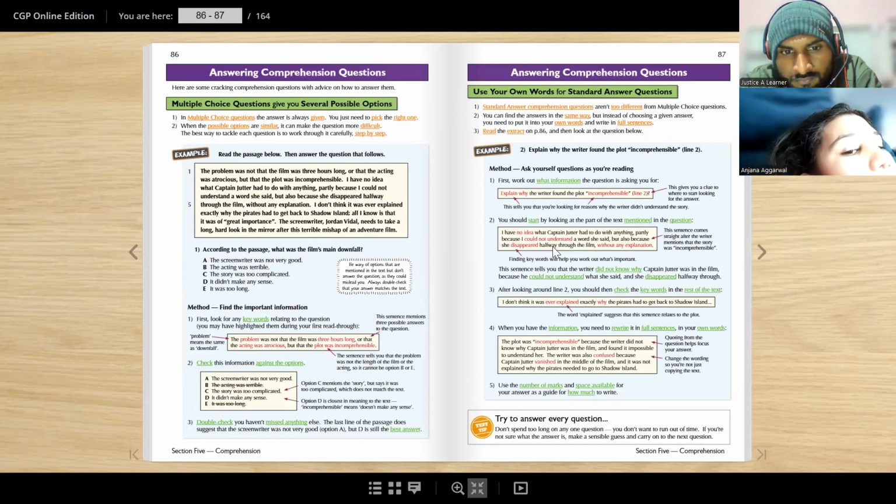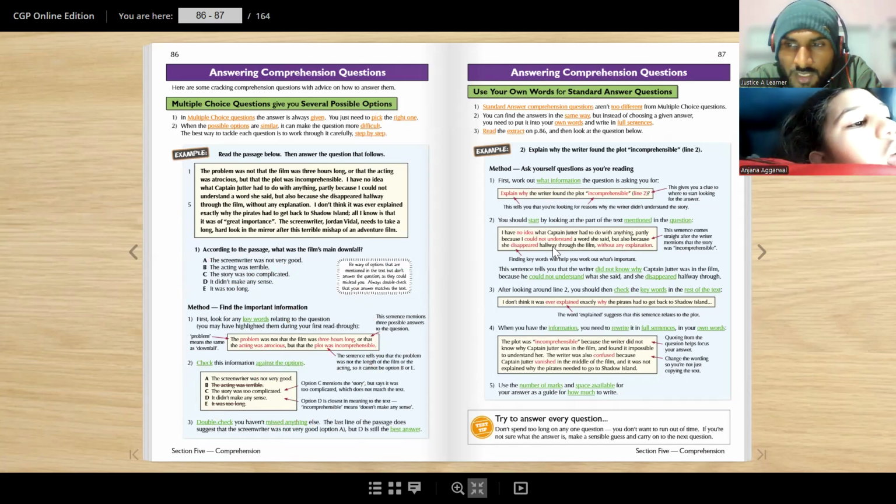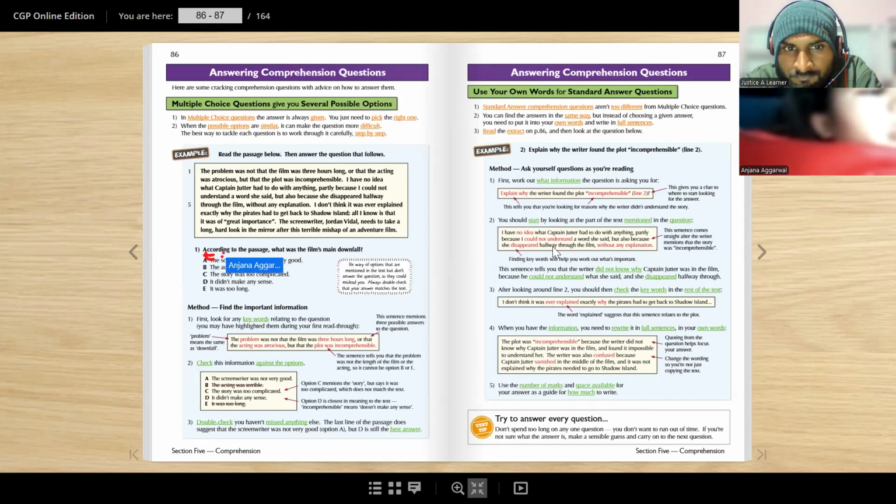Can more than one option be correct? Yeah, if there's more than one, it mostly says on the side to tick one or two or three or four or five.